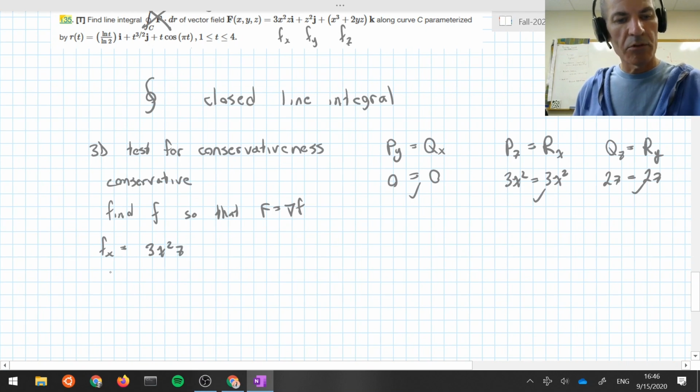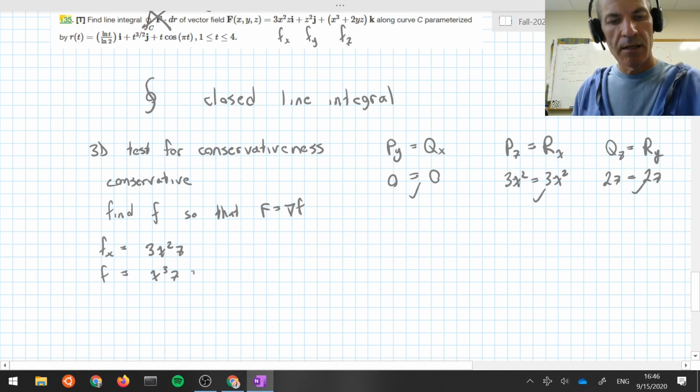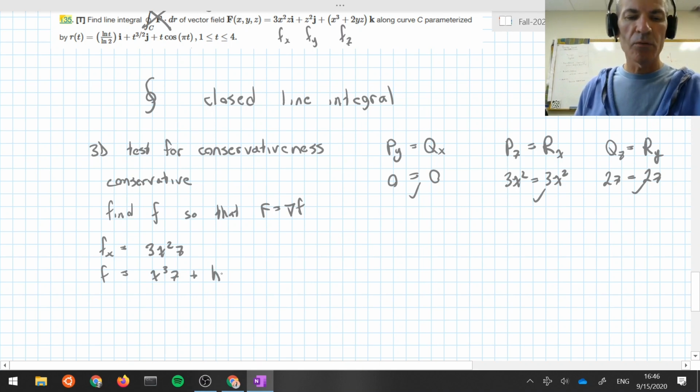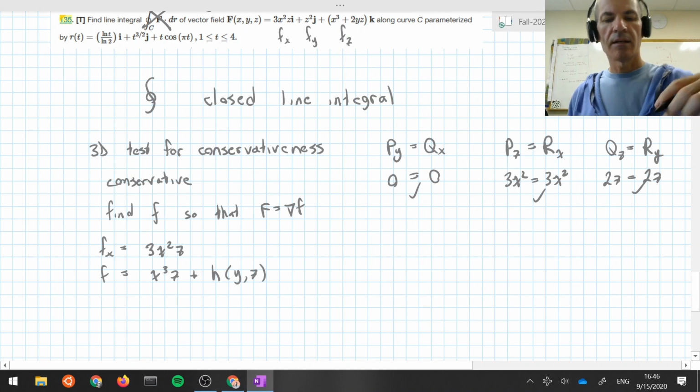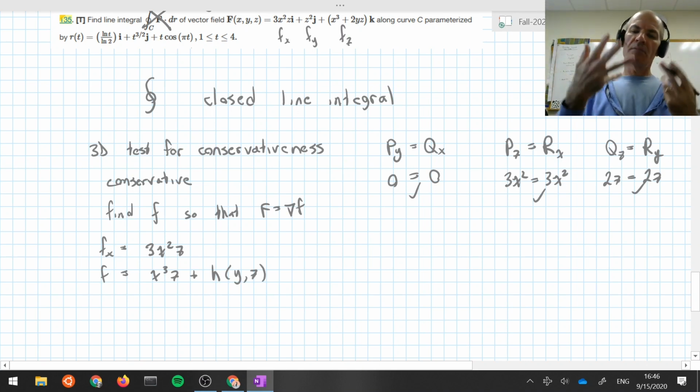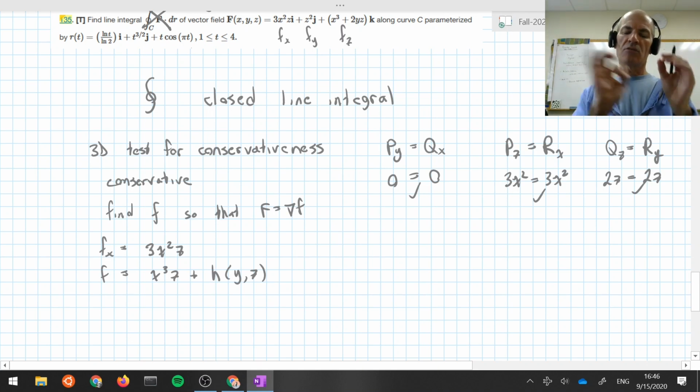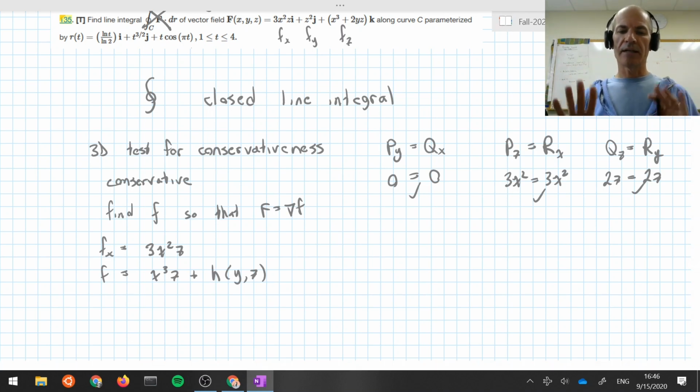I'm going to integrate with respect to x: x cubed z, and I'm going to add a constant. Now the difference here is this constant is going to depend on y and z. I integrate with respect to x, I might introduce a function h that has y and z, no x dependence.